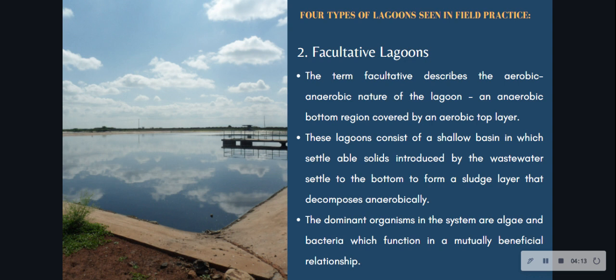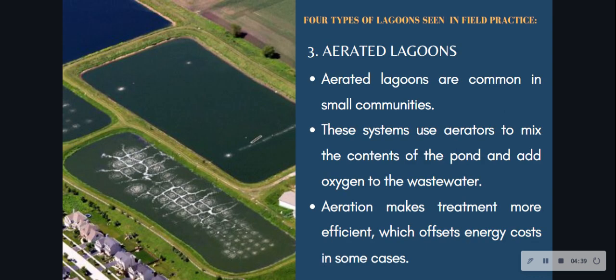If oxygen is present in the water column, the biodegradable organic materials that do not settle are degraded aerobically. The depth of the latter is in a state of constant fluctuation as the result of changing meteorological conditions. The dominant organisms in the system are algae and bacteria, which function in a mutually beneficial relationship.